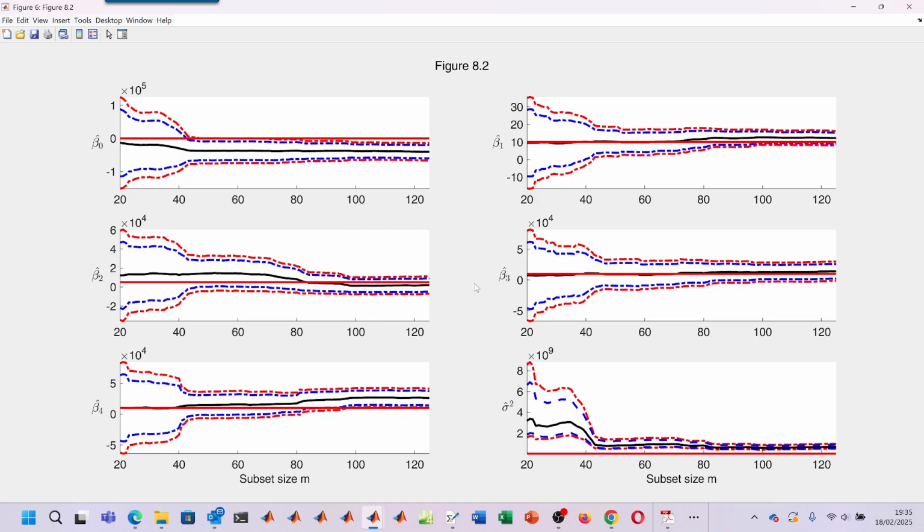For the 5 parameters of the linear model, the difference between the continuous red line, which is the value given by the prior, and the parameter estimate, which is given by the black continuous line, is not too great.